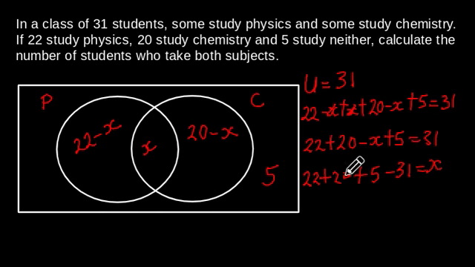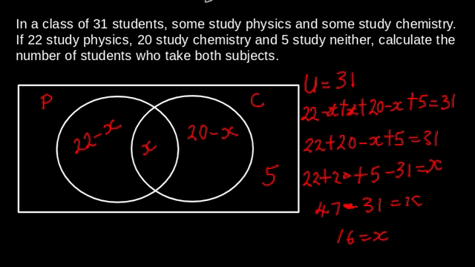That's 42. 42 plus 5, that's 47. So we have 47 minus 31 equals X. So what's 47 minus 31? That should give us 16. So that means 16 equals X. X is equal to 16.